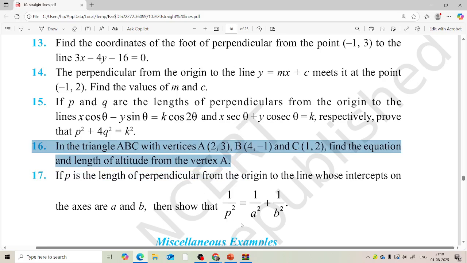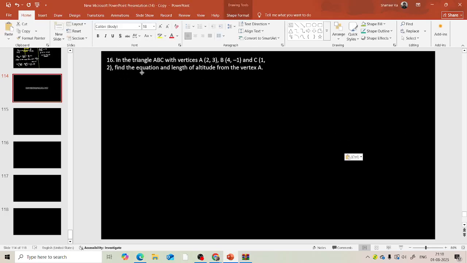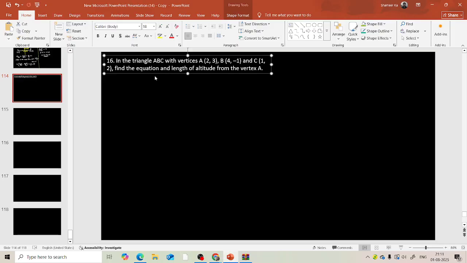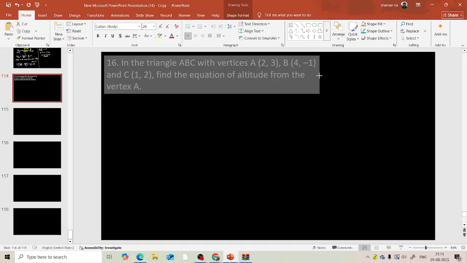Question number 16 contains two sub-questions. Only one part will I discuss. The other part I will discuss later because there is one more formula, that is why.